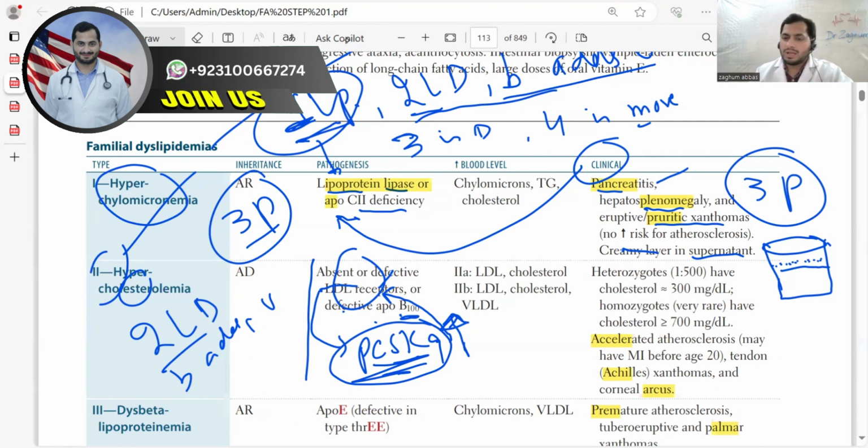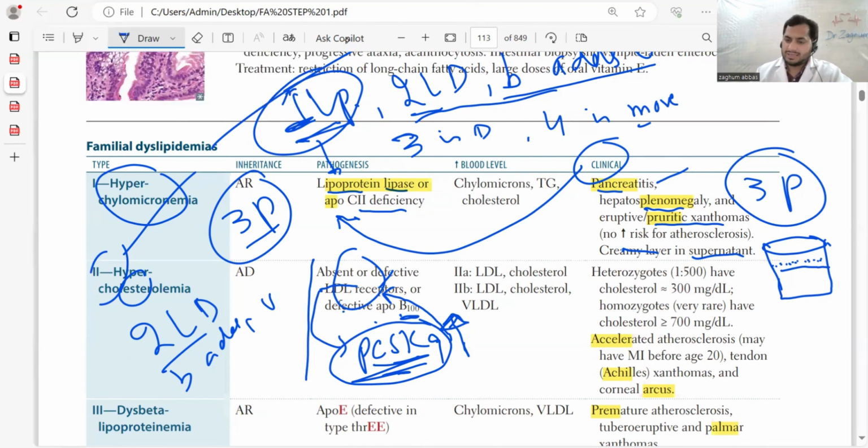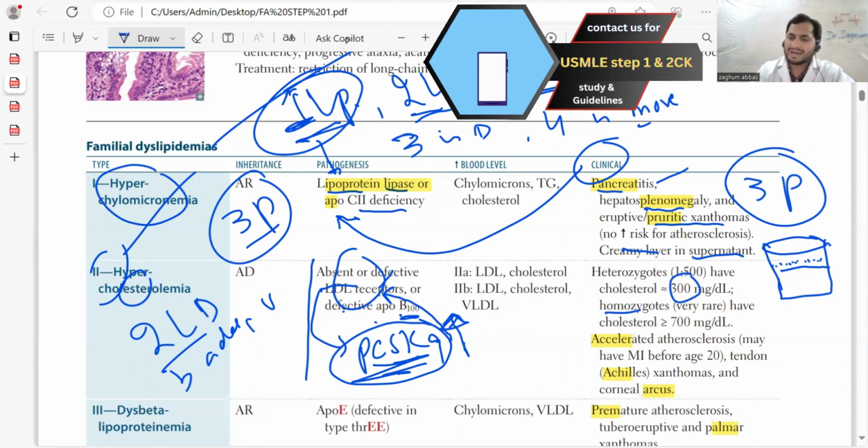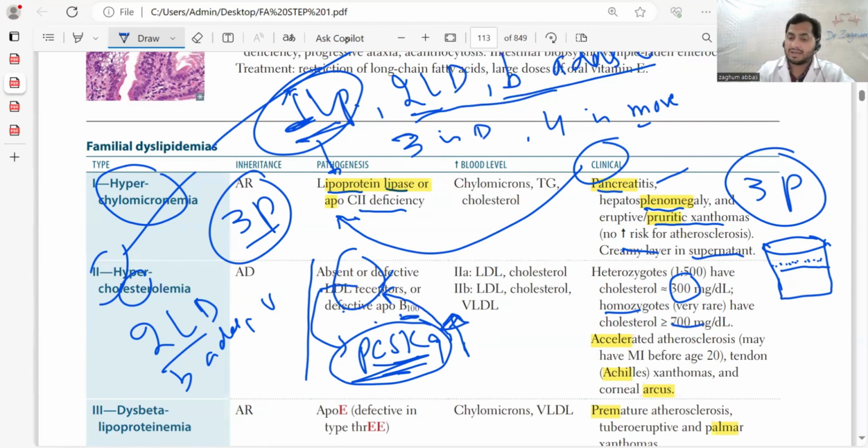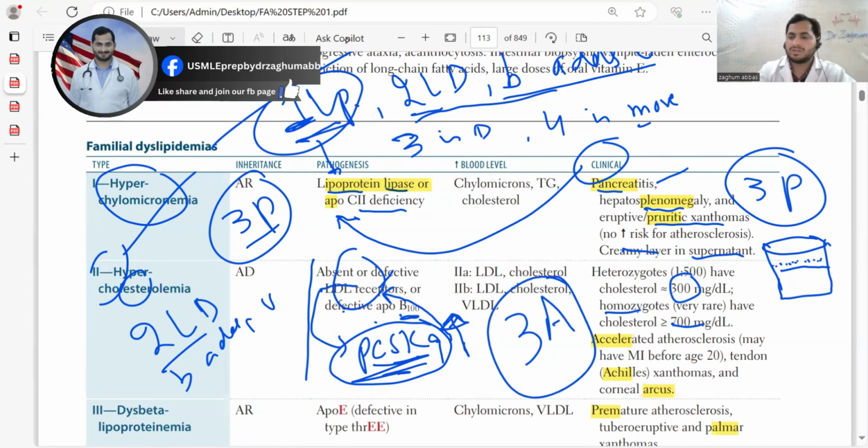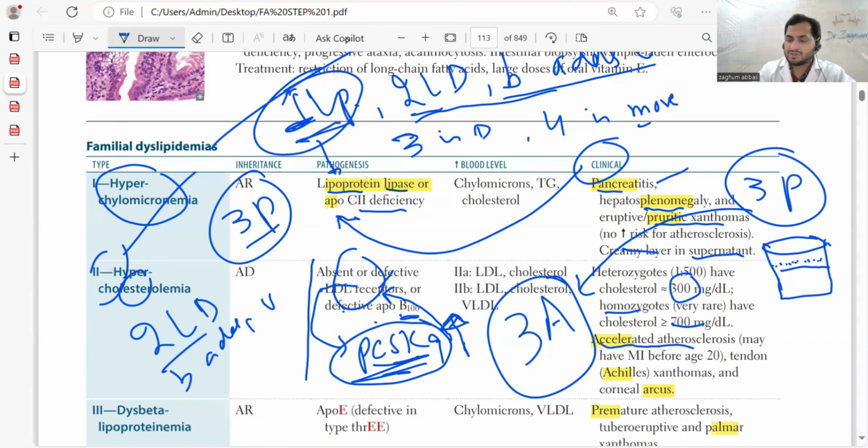There are two forms. In the heterozygous form, the cholesterol level will be mild, but in homozygous, meaning both genes are mutated, which is very rare, the cholesterol will be very high. So in this case the mnemonic is 3A, from 3P to 3A. The first A is accelerated atherosclerosis.